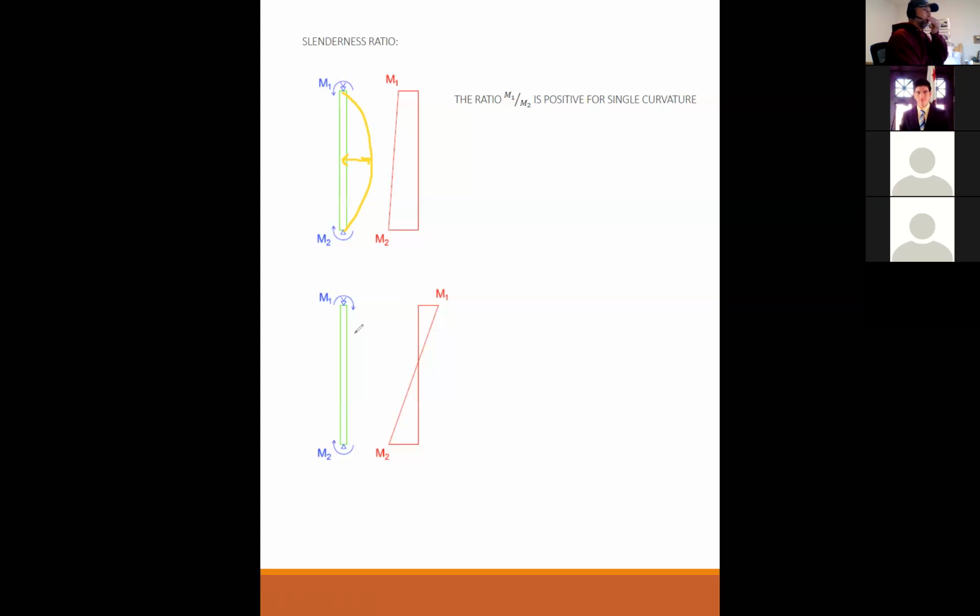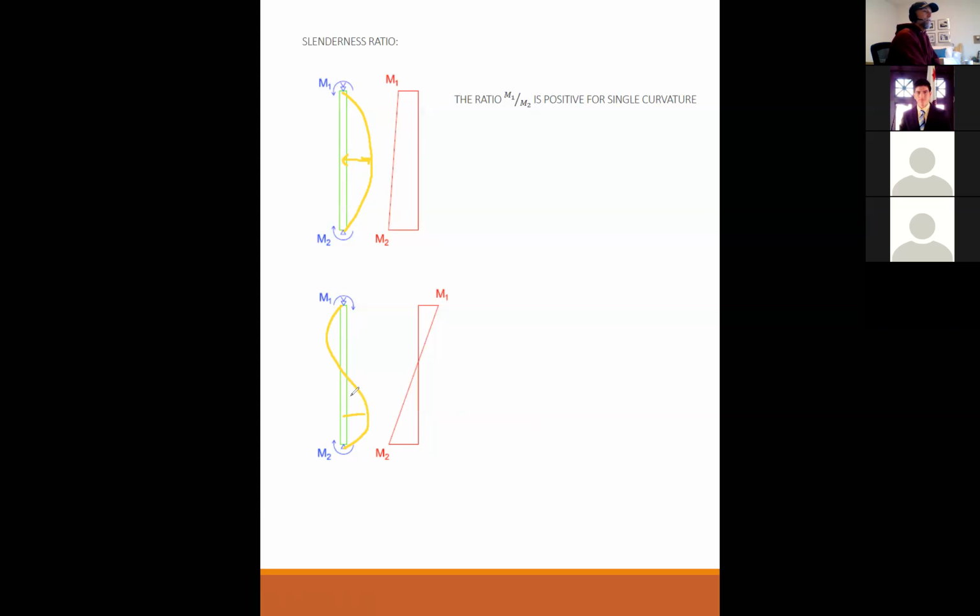But this column doesn't bend into that shape. This column bends into this shape, like this. Because this end is bending it one way and that end is bending it the opposite way, the maximum deflection is probably down here where M2 is bigger, but it is much smaller than the maximum deflection from single curvature, because in single curvature these two add to each other like a double whammy.